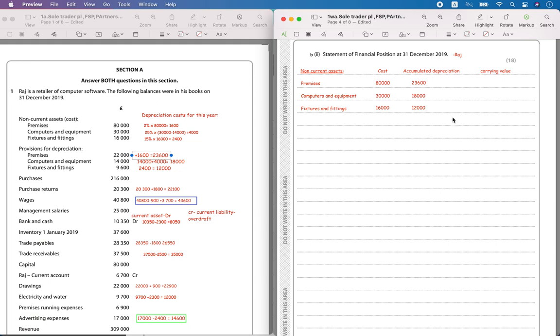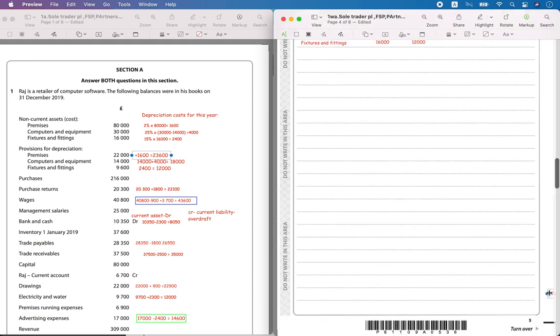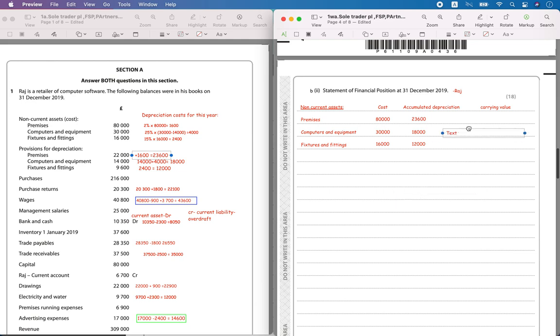Now let's calculate the carrying value of each of them. So the premises is going to be 80,000 minus 23,600. So the value is going to be around 56,400.